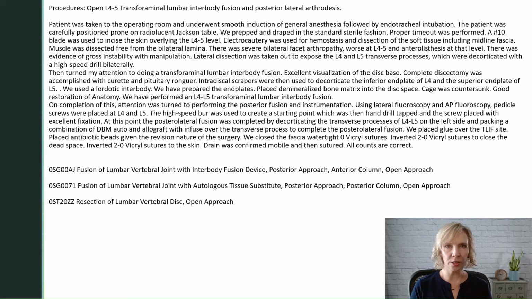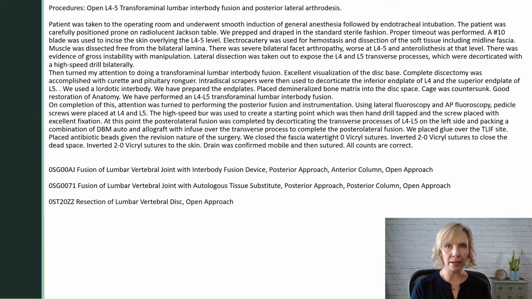Attention was turned to performing a transforaminal lumbar interbody fusion. A complete discectomy was carried out, and an interbody fusion device along with demineralized bone matrix was inserted into the disc space. On completion of this, attention was turned to performing the posterior fusion and instrumentation.